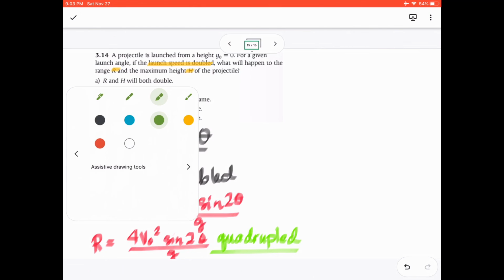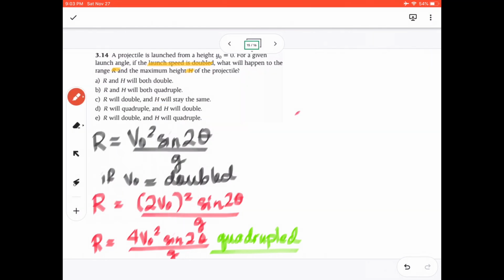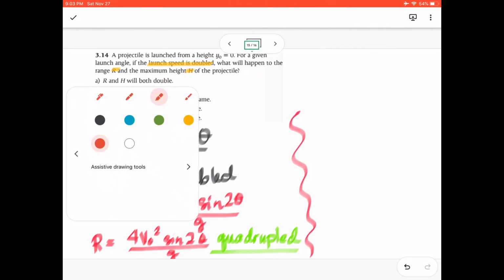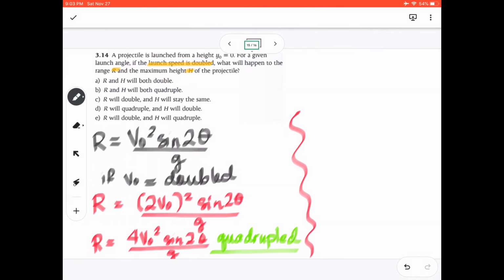How about the H? What will happen to H? First we're going to list the formula for H max, the maximum height. H is equal to V0 squared sine squared theta, not 2 theta, sine squared theta, divided by 2g.